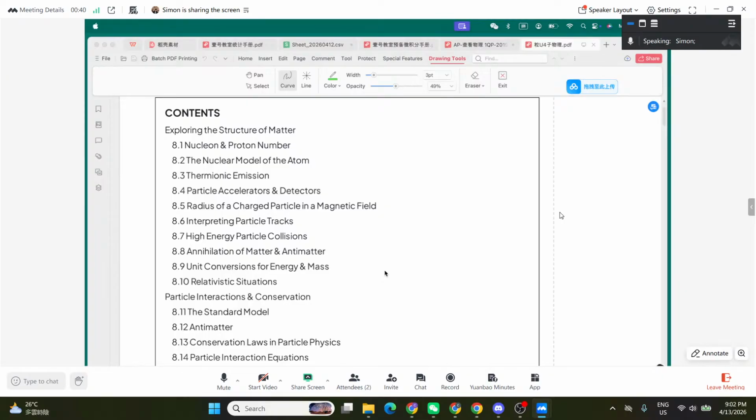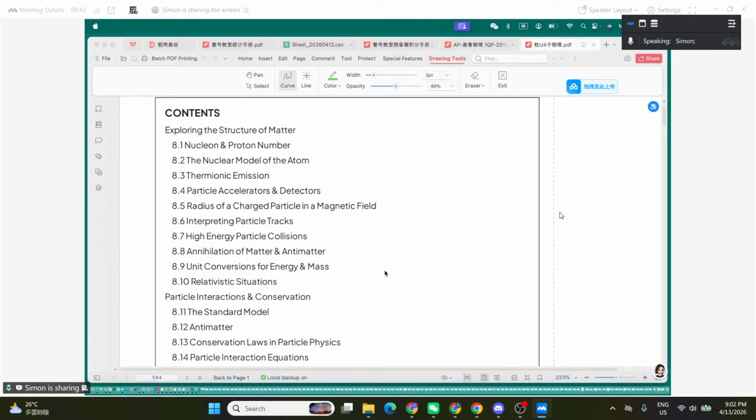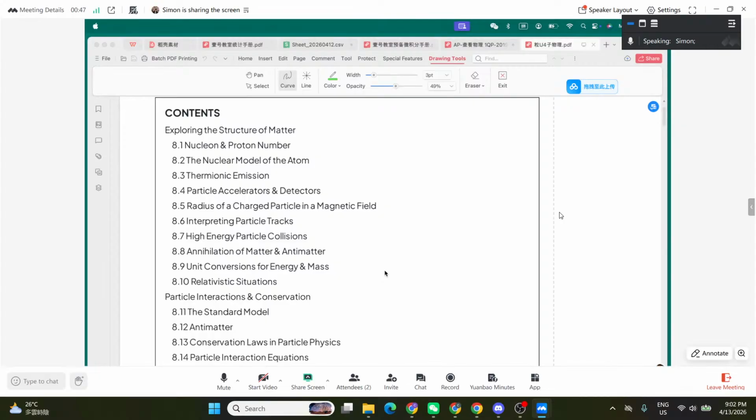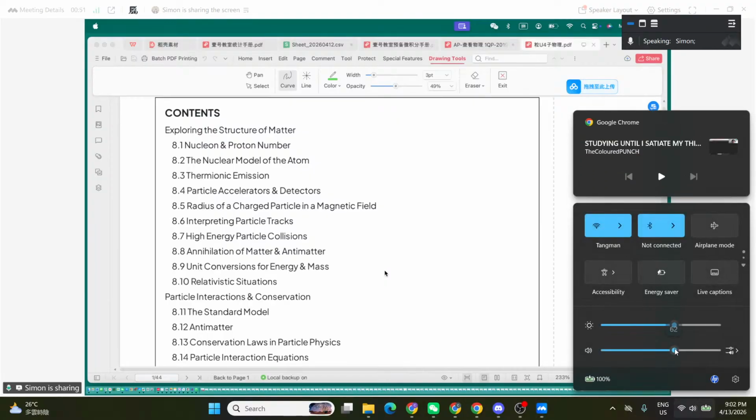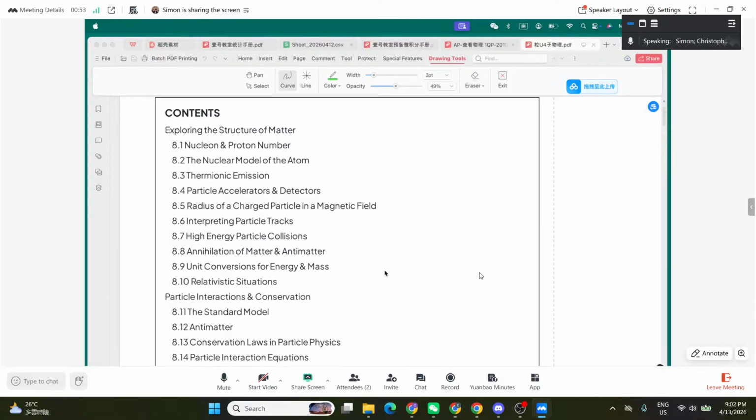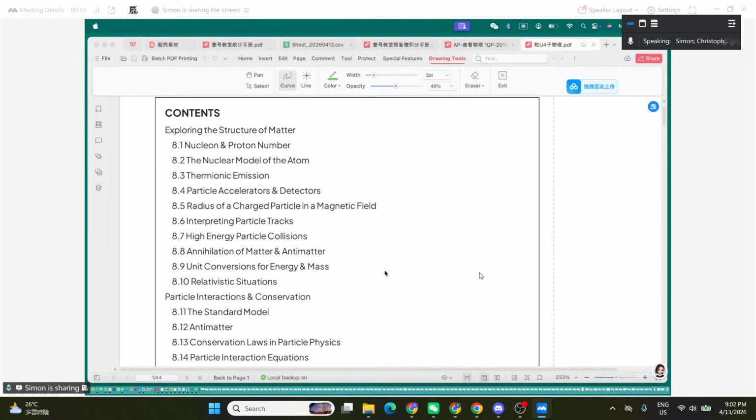In this chapter we are going to learn how to divide the atom. Generally we think the atom is the basic unit, right? In this chapter we are going to redivide the atom, and maybe the atom can be divided into three parts: the neutron, proton, and electron, right?